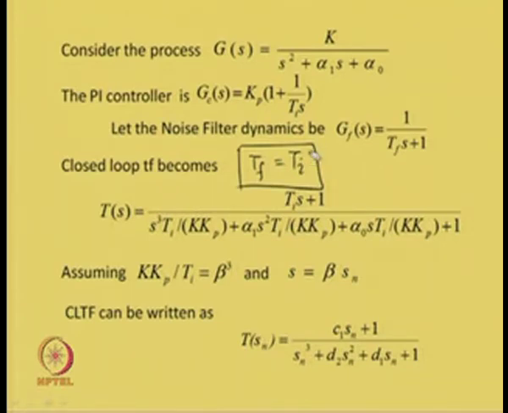Why do I say so? Because if you carefully observe the closed loop transfer function, we do not get any term with Tf. So the term with Tf is missing here, that means certainly some cancellation or approximation has been made, otherwise Tf must appear in the closed loop transfer function.